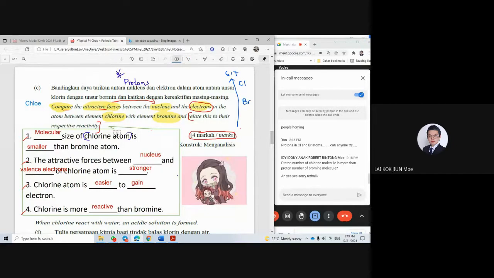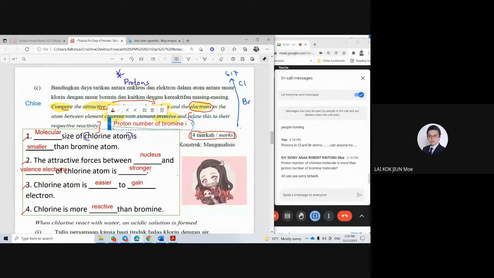So you can say, proton number of bromine is more than chlorine.